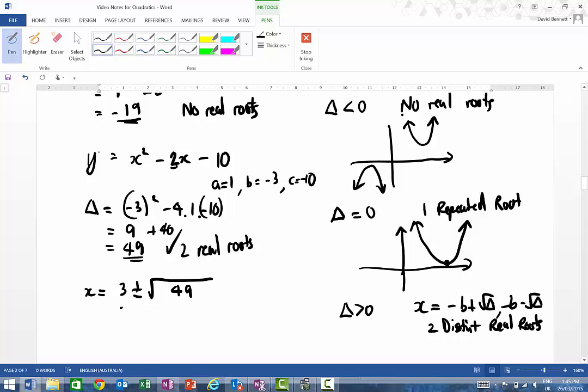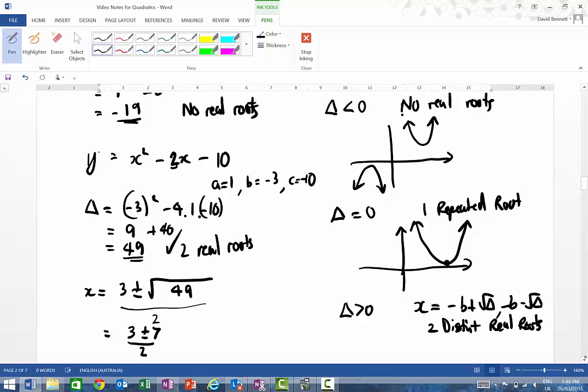And that's all over 2a. What's 2 times 1? That's 2. So for the next line I get 3 plus or minus the square root of 49, which is 7, all over 2.